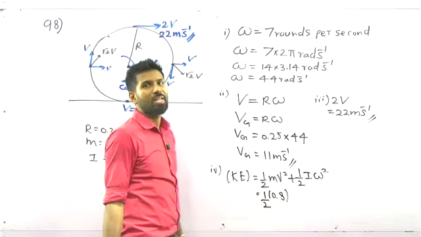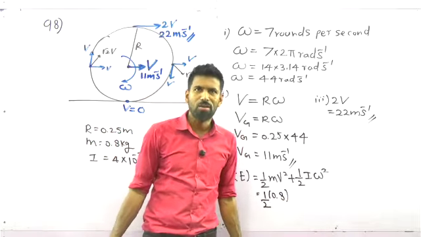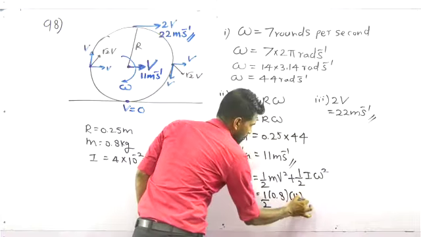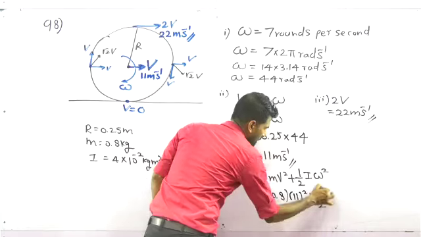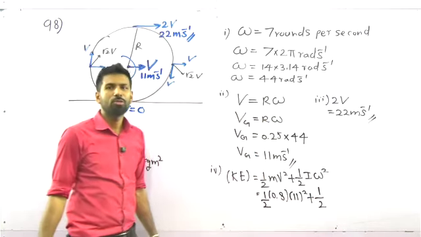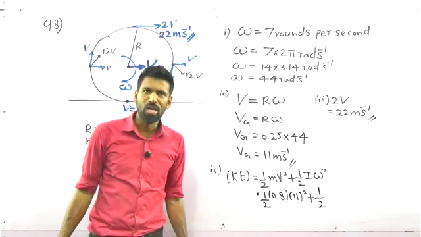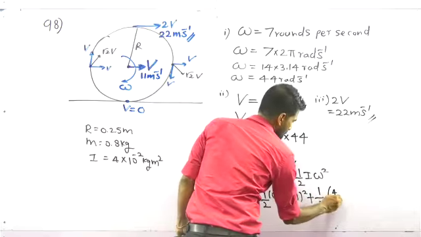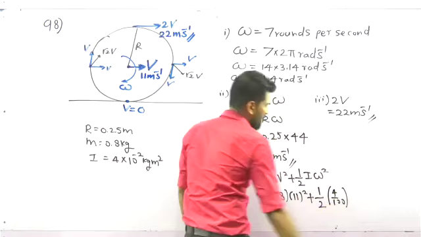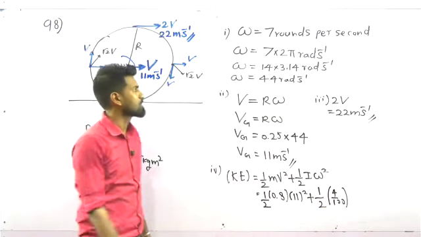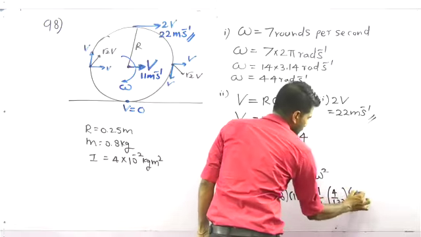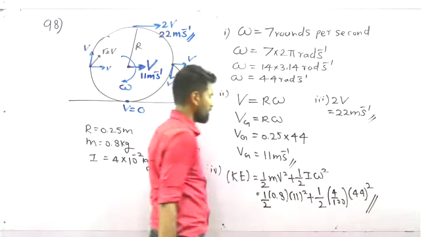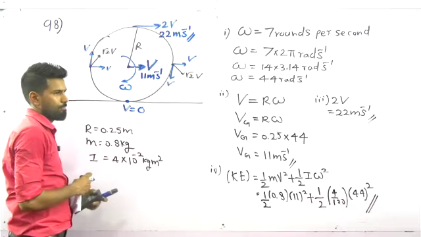To write the linear velocity, you have to use the velocity in the center, 11 square. Plus half, in a rotational motion you use moment of inertia instead of mass, 4/100, and angular velocity square, angular velocity 44 in SI units, 44 square.